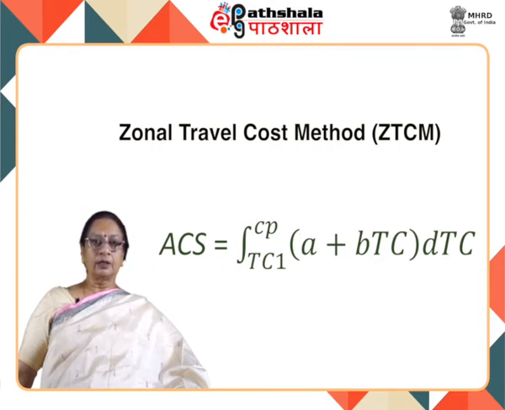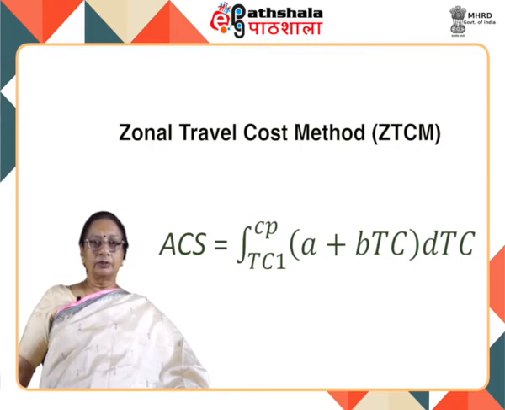For example, out of many zones, the ACS for zone 1 would be as follows: ACS is equal to TC1 to CP into A plus BTC into TTC.